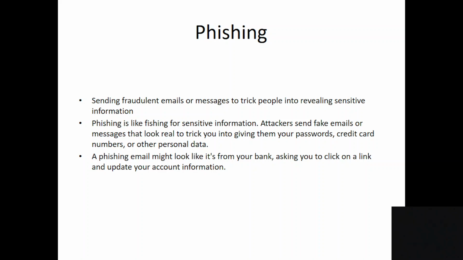Attackers send fake emails or messages that look real to trick you into giving them your password, credit card numbers, or other personal details. A phishing email might look like it's from your bank, asking you to click on a link and update your account information.